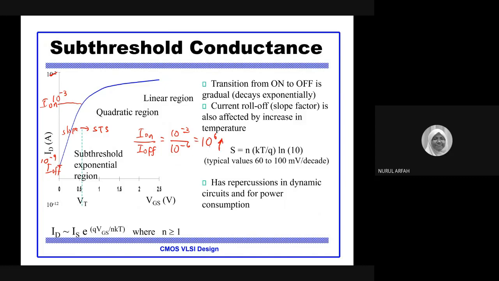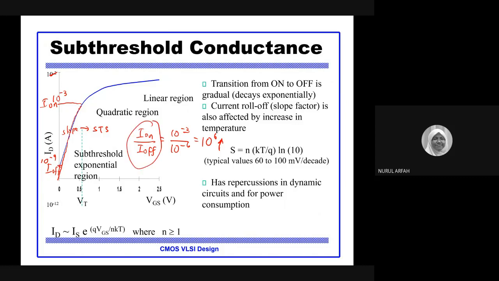We actually want this to become higher, a very large value, so that we have the slope of sub-threshold conductance like this. And we want the off current here to be reduced as much as possible, so that we can make this ratio a larger value, right?